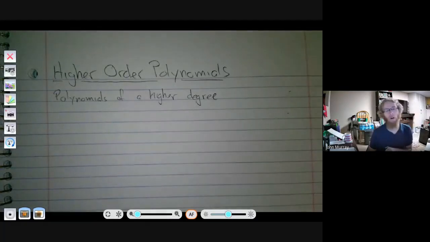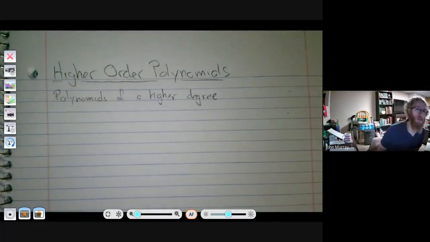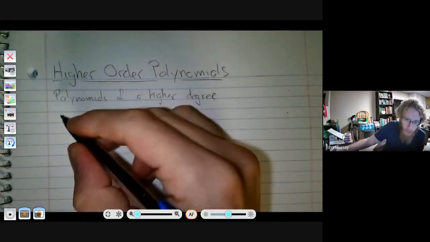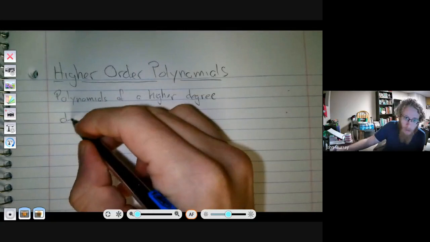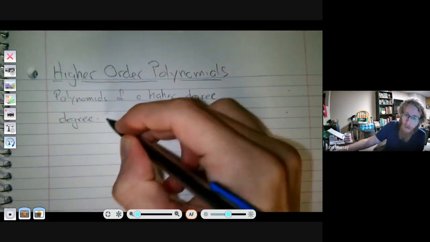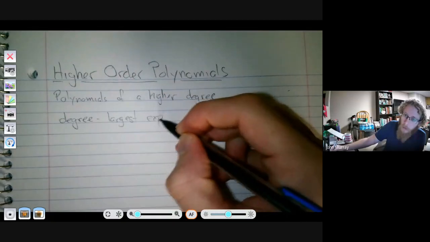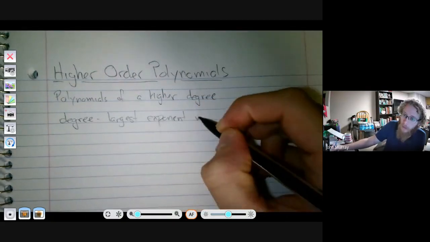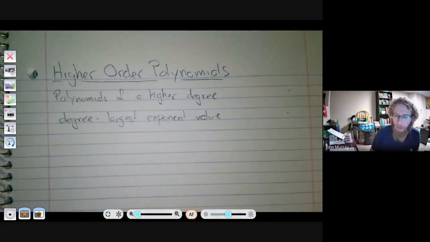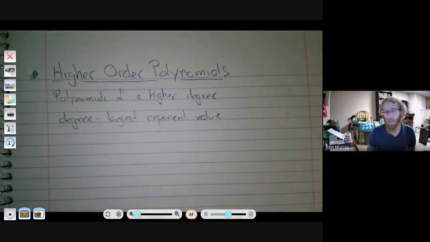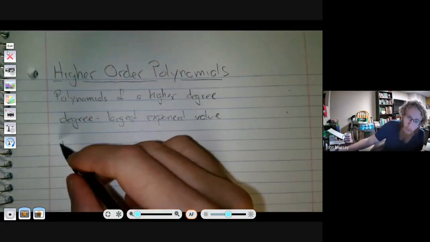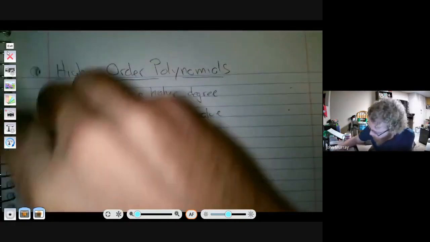Okay, there we go. Higher order polynomials, or polynomials of a higher degree. So remember that the degree of a polynomial is the largest exponent value.